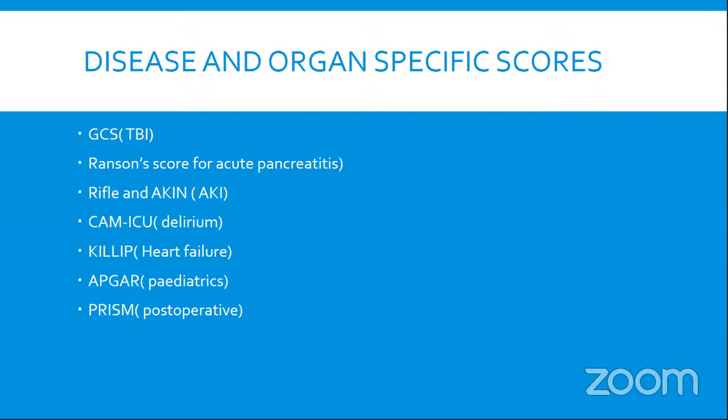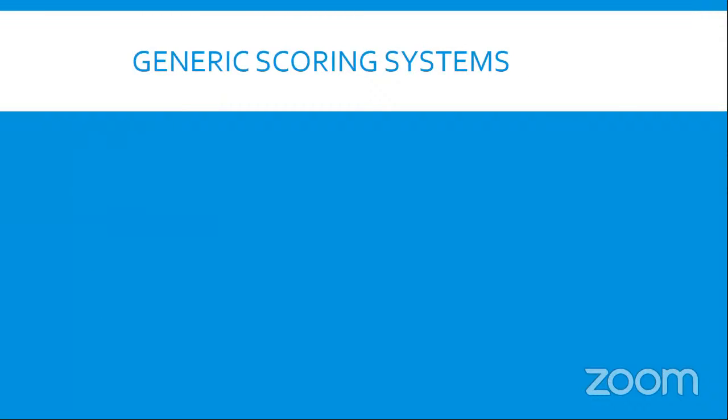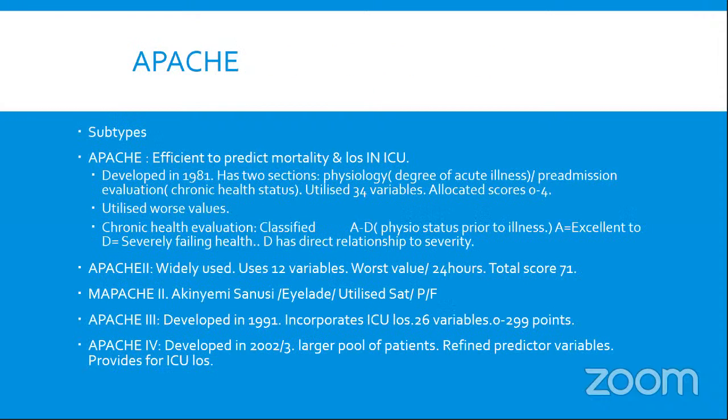And then there is the score for acute coronary syndrome and heart failure, and we use the CALIPER and then the PRICING for post-operative care. These ones don't really bother us so much because it takes a whole day to discuss the various aspects of them. What is important to us is to talk about the ones generally used in basic care, the generic scores.